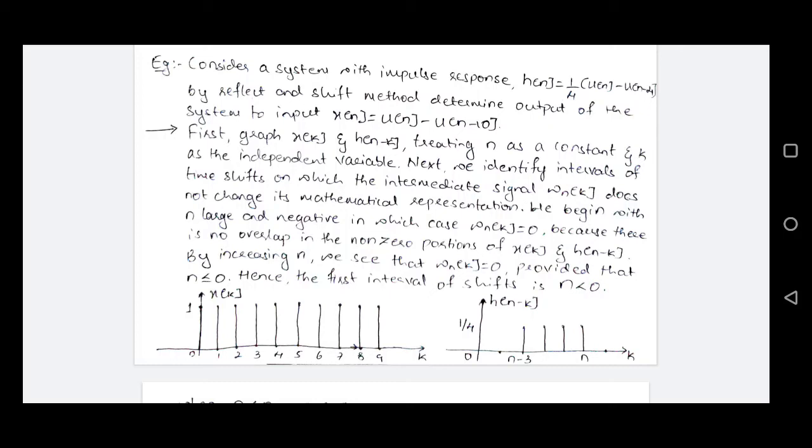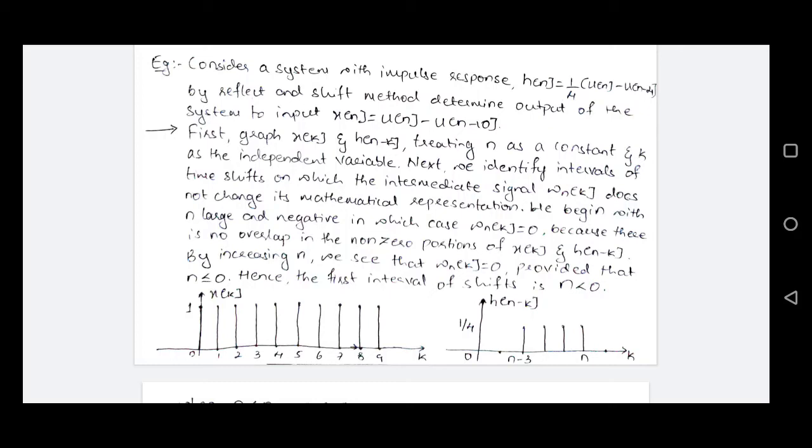And then we'll shift it for some arbitrary value of n, and the first value we'll be considering is to the far left. The sample which comes at the last, that index will be represented as n, because that sample represents the position where we'll be shifting the impulse response.